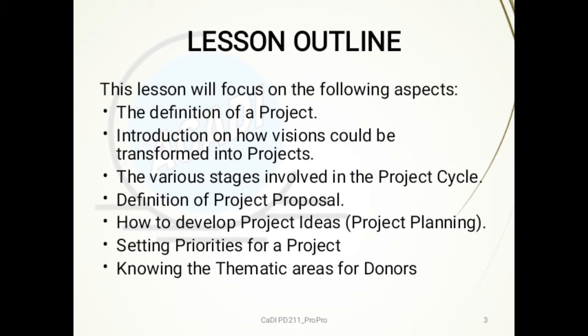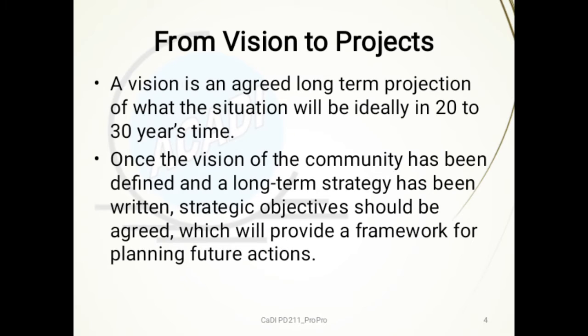Our focus on this particular lesson is to define a project, introduction on how visions could be transformed into projects, the various stages involved in the project cycle, definition of project proposal, how to develop project ideas, setting priorities for a project, knowing the thematic areas for donors.